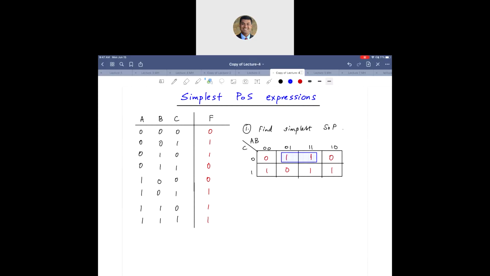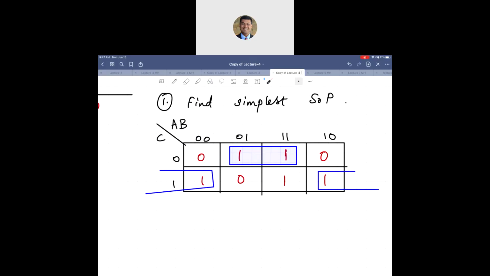Yes. Now, where should I combine this 1 with? Should I combine it with 1 here, or should I combine it with 1 here? Should I horizontally combine it or vertically combine it?